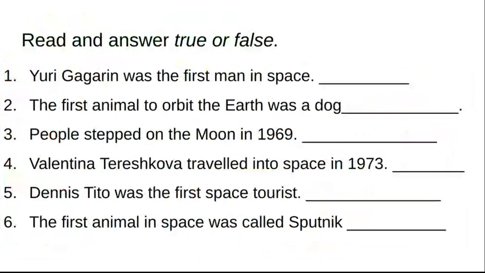Yuri Gagarin was the first man in space. Number 2. The first animal to orbit the Earth was a dog. Number 3. People stepped on the moon in 1969.